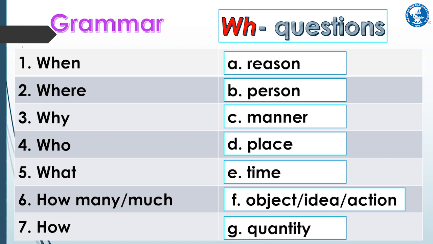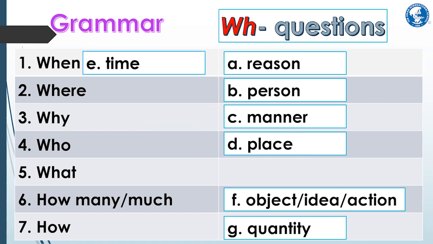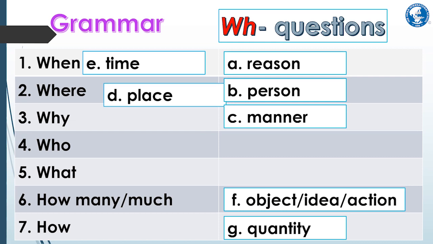Okay, coming to the next part, WH questions. I would like you to spend some time reviewing how to pose questions by using WH questions. Number 1. When? It is used to ask about time. Where? It is used to ask about place.